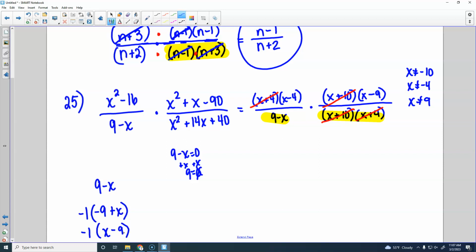That is okay, right? So if you ever have 2 terms in a subtraction problem, and all you need to do to get it to match is switch the order, you can do that by factoring out a negative 1. So that'll look like this. The top will be x minus 4, x minus 9. In the bottom, we will have negative 1 times x minus 9.